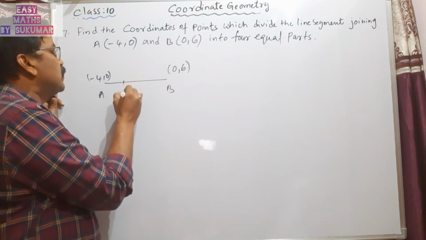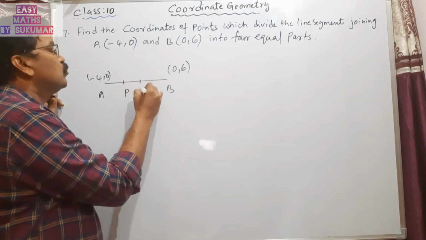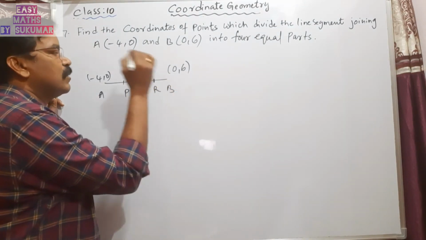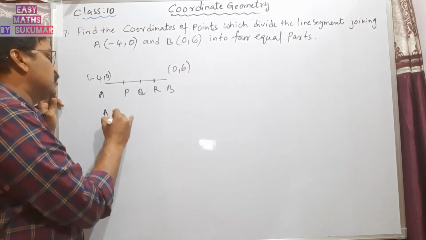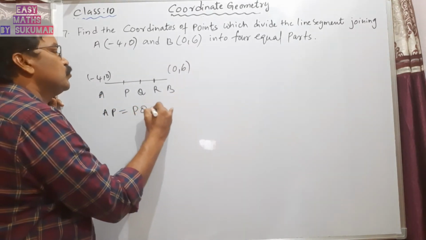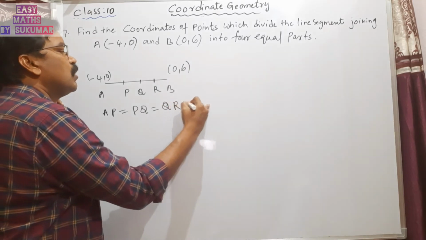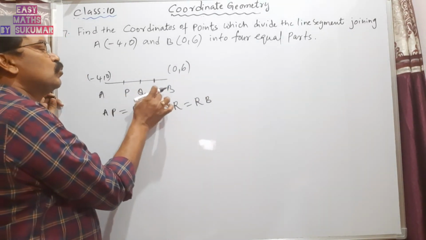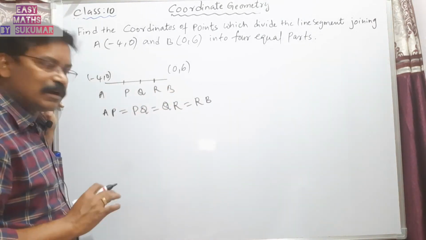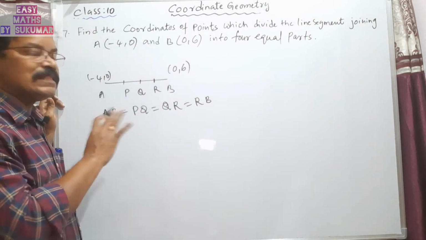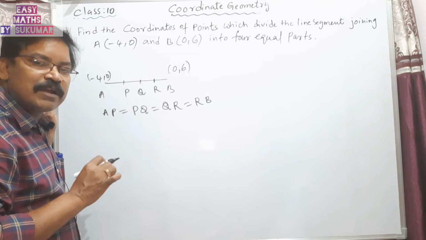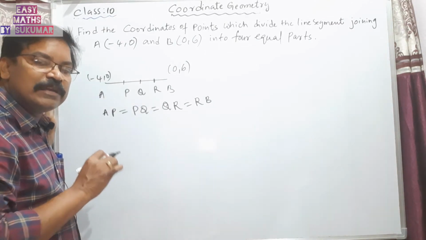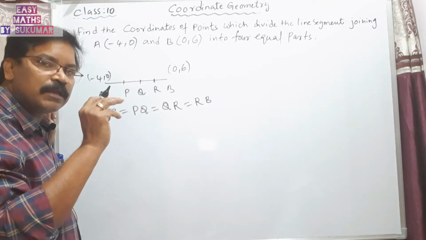So this is P, this is some Q, and this is some R. That means AP is equal to PQ is equal to QR is equal to RB. All these 4 lengths are equal. They are being divided into 4 equal parts.